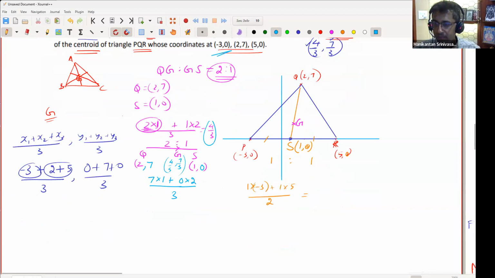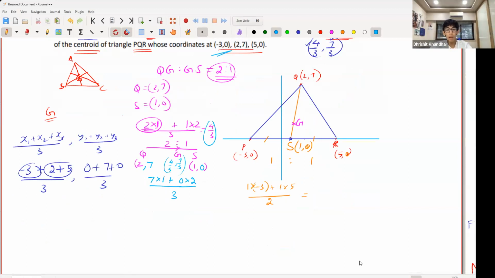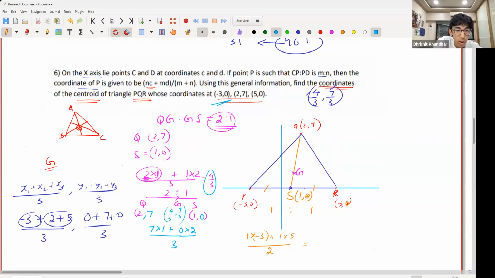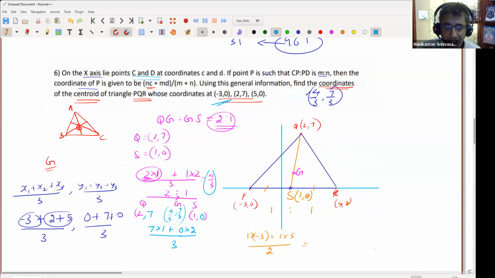Okay. Now, yes, Drishit? So why did we even need the C coordinate and the other one? Which C coordinate? Oh, this one, the initial information, right? For you to know this formula. So using this general information, which means so far whatever I told you is not connected to this problem, but you'll use this information for solving the rest of the problem.